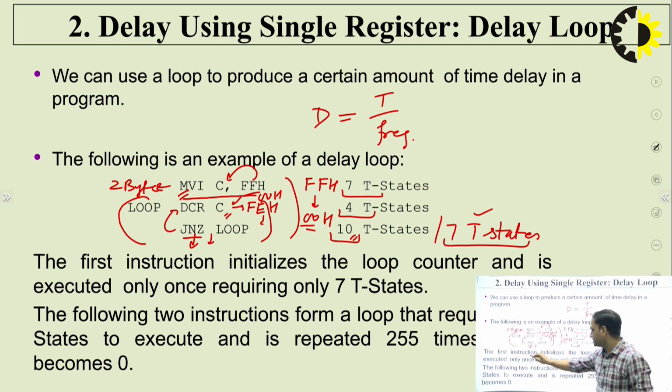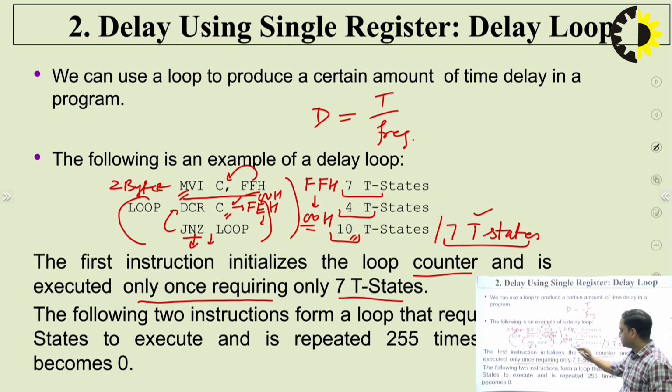The first instruction initializes the loop counter and is executed only once, which requires 7 T states. So MVI C, FF requires only 7 T states and is executed once. The following two instructions, DCR C and JNZ, form a loop that requires 14 T states, you can see 10 plus 4.